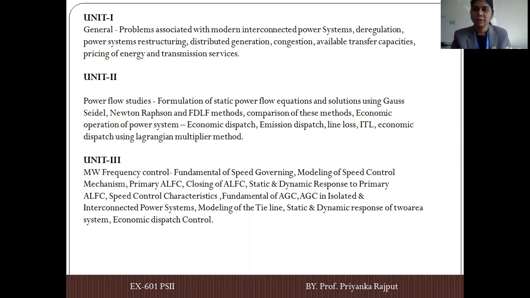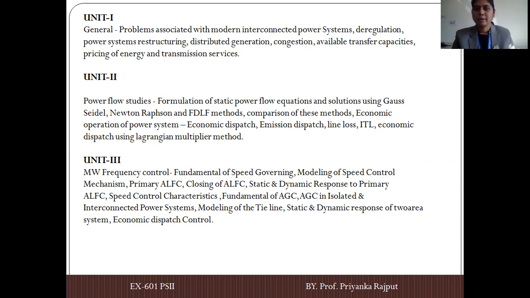Now, in our first unit, we will cover restructuring, deregulation, regulations, as well as distributed generation and pricing. It's all theoretical parts. In the second unit, we will discuss load flow studies, different types of load flow studies, as well as economic dispatch.